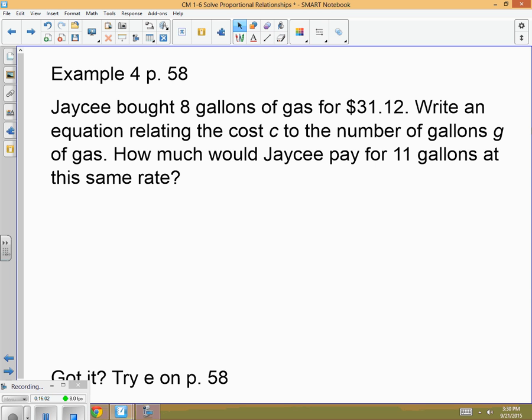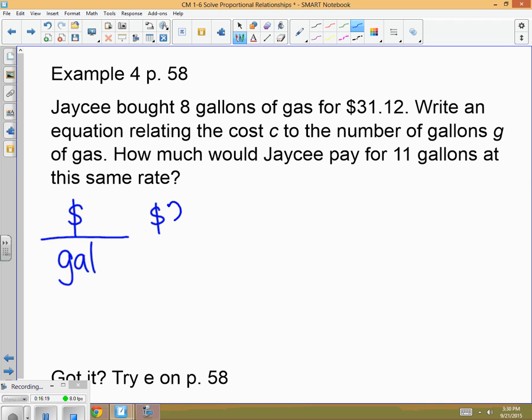We're going to solve this problem exactly like we solved example 3. So first of all, let's look at the unit price. We are comparing gallons of gas to the price, so this is price per gallon. $31.12 was the cost for 8 gallons of gas.